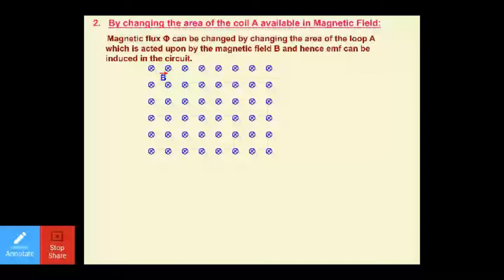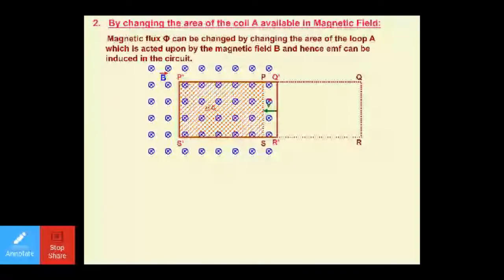Now let's talk about the change in the area. How does this change the flux? So here you are having a magnetic field, and the type of magnetic field you are having here is a uniform magnetic field, which is perpendicular to the plane of paper, and cross represents directed inward. So here you are having this PQRS armature. It is moving towards the magnetic field. Previously it was having very less area in the magnetic field.